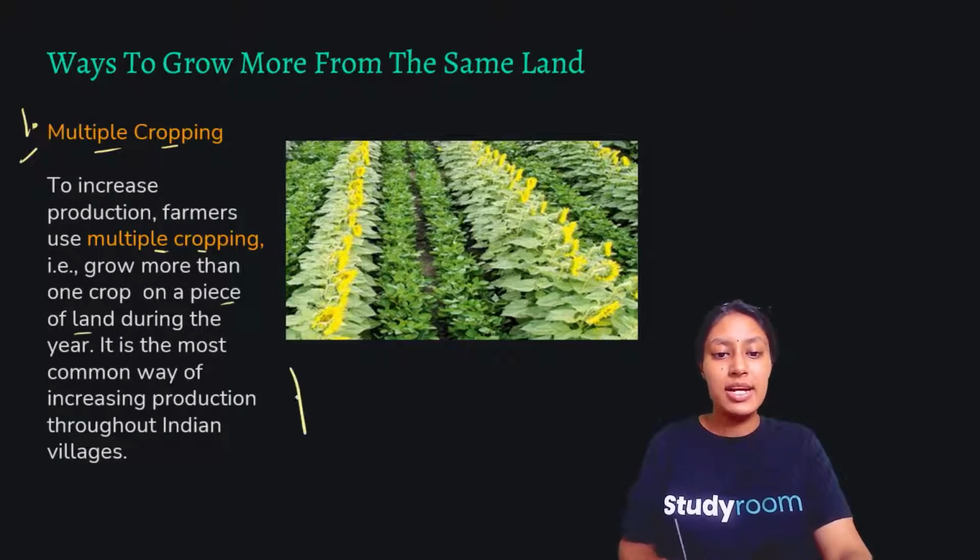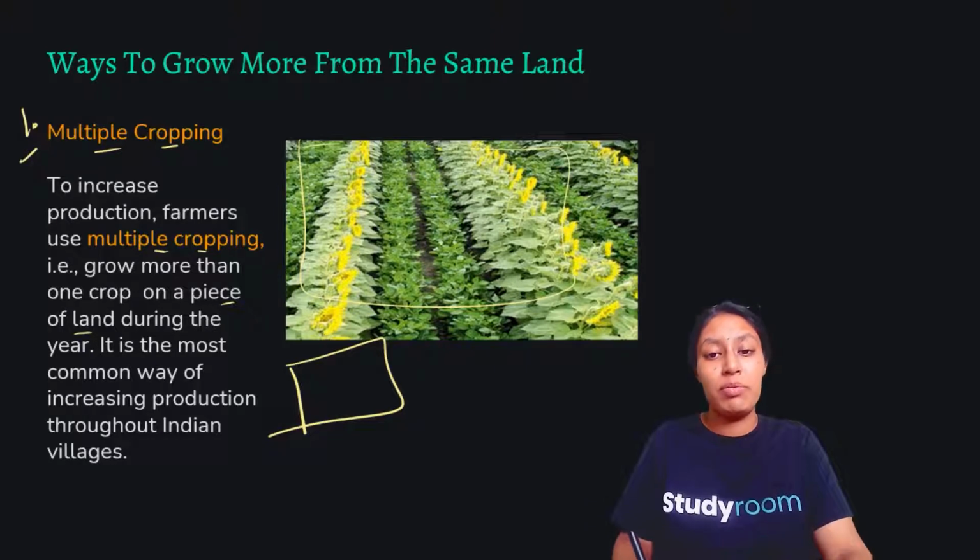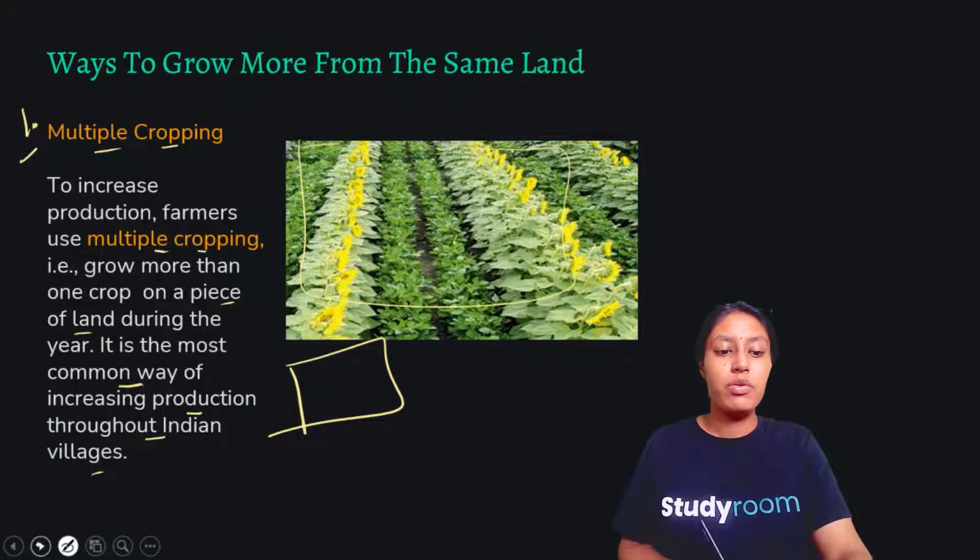For example, as you can see in the picture, the land is the same, but not a single type of crop is being sown here. More than one type of crop is being sown. This is a common way of increasing production throughout Indian villages. So this is our first way.